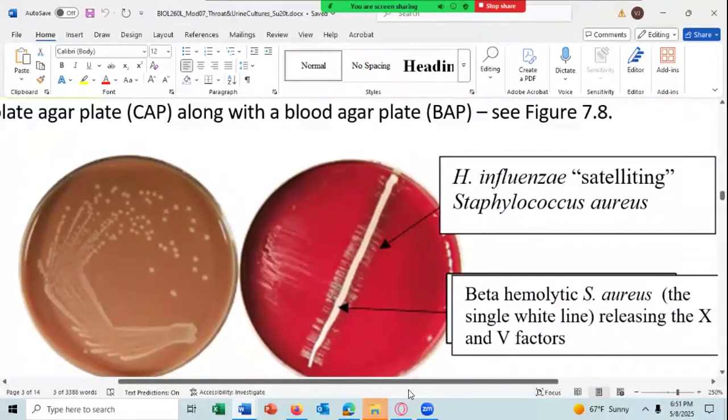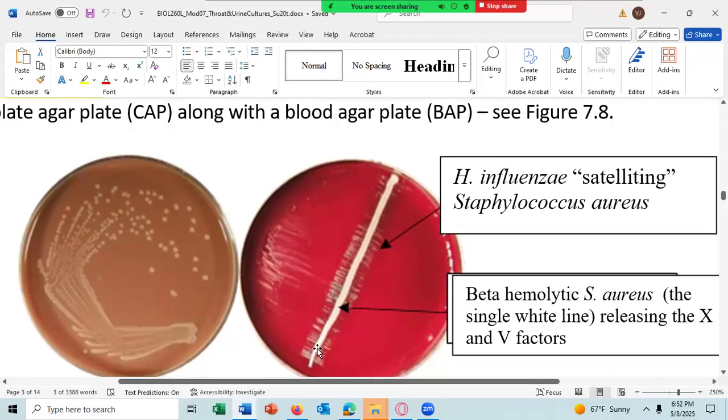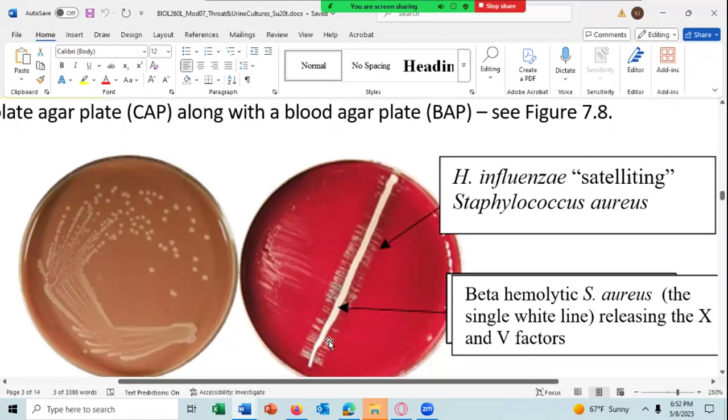You probably don't need to know about this plate. I don't think I'm going to ask you any quiz questions about a blood agar plate having a Staphylococcus aureus streak down the middle of the plate, and then the Haemophilus influenzae streak perpendicular to the Staphylococcus aureus, allowing the Haemophilus influenzae to grow near the Staphylococcus aureus, but not growing further away.